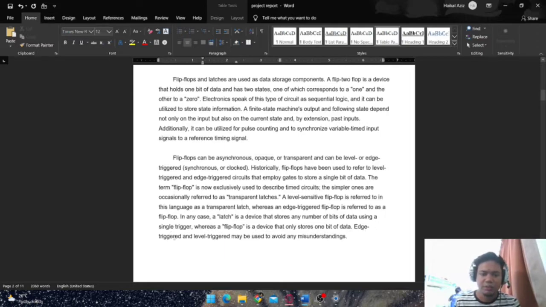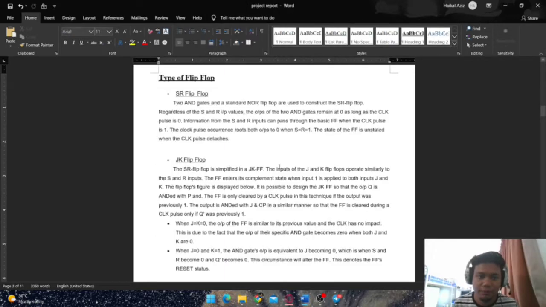Edge trigger and level trigger may be used to avoid any misunderstanding. Types of flip-flop. SR flip-flop. Clocked AND gates and a standard NOR flip-flop are used to construct the SR flip-flop.